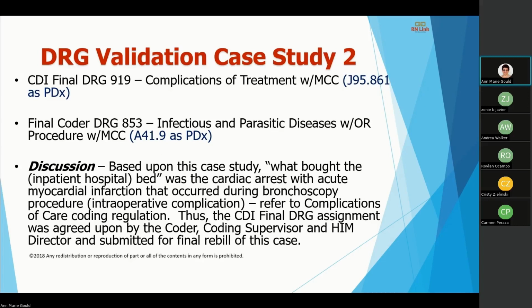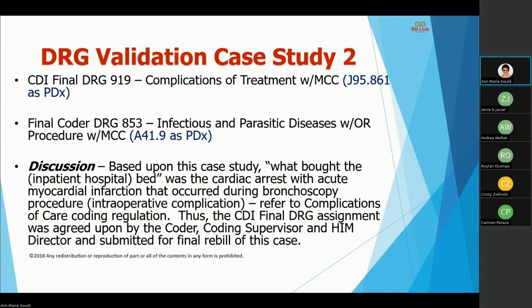Even the cardiologist stated that on this case. It wasn't caught with the pre-op testing because the EKG didn't show any issues or the echo really didn't show anything. It was so minute that they couldn't pick it up on the diagnostic imaging they performed prior to the bronch procedure.